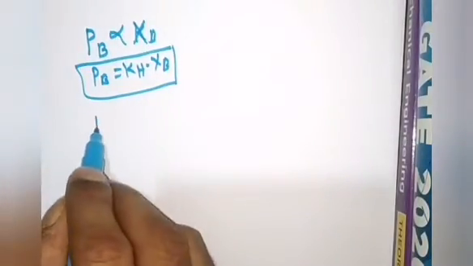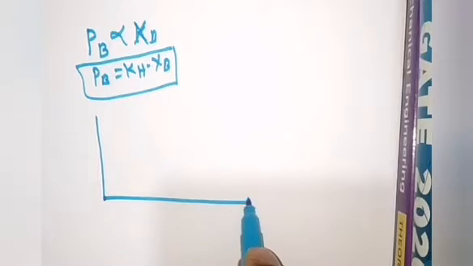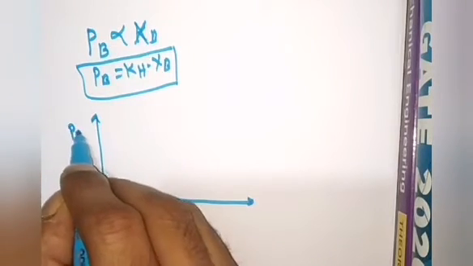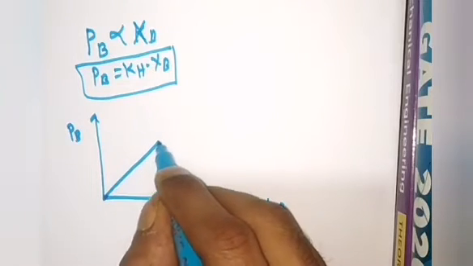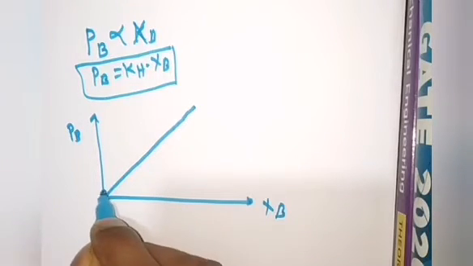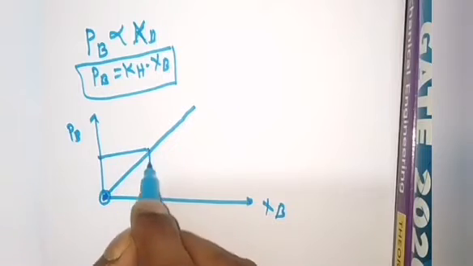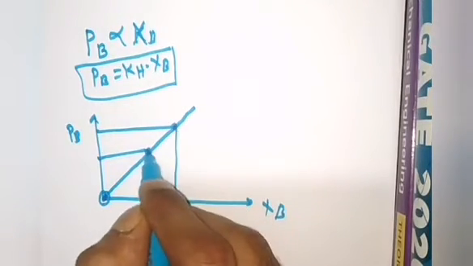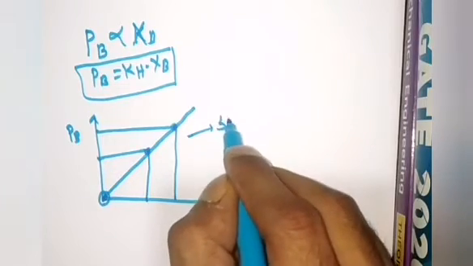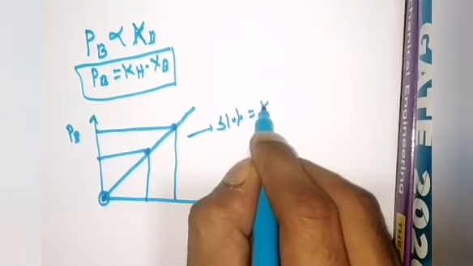This is Henry's law. Now if you draw the graph between PB versus XB, then you will get a straight line passing through the origin. The slope of this graph, if you calculate it, will give the value of KH. Slope is equal to KH.